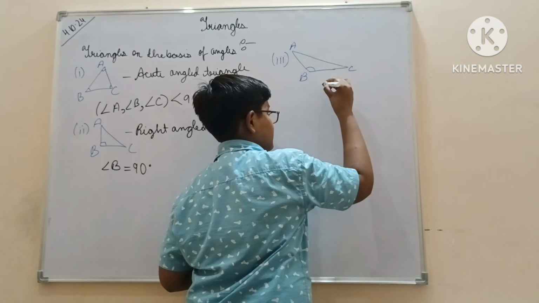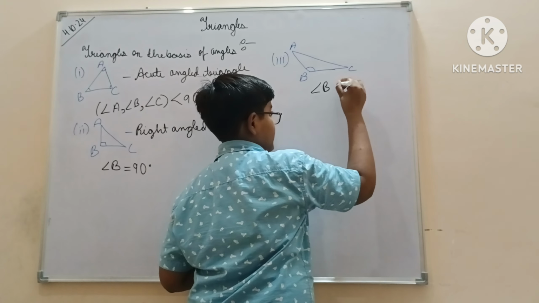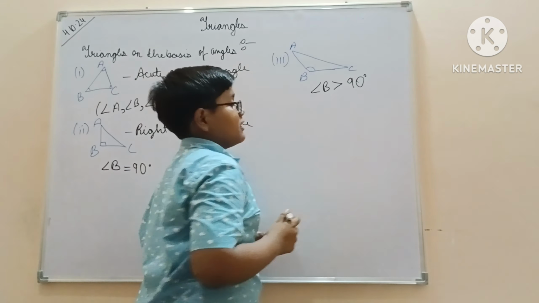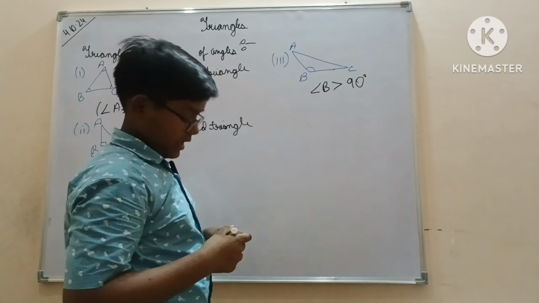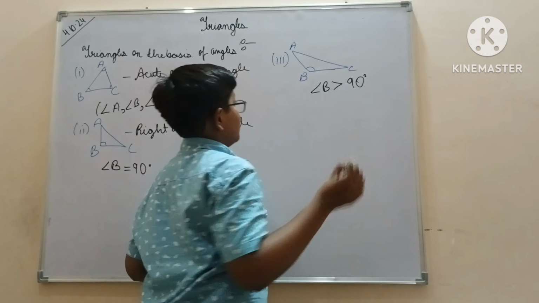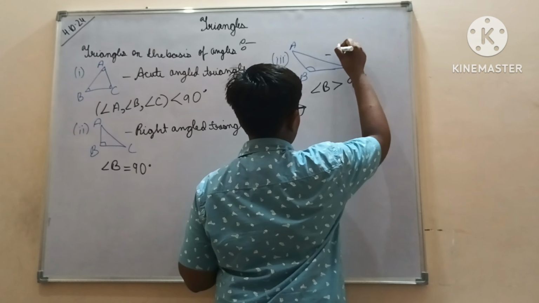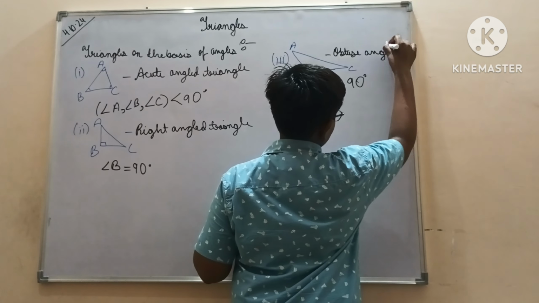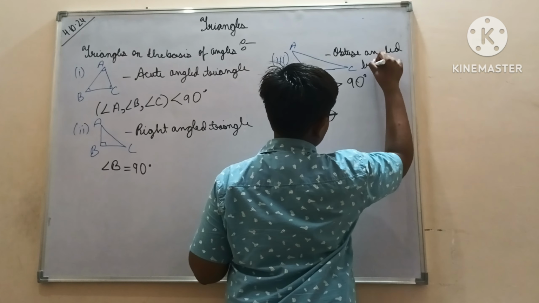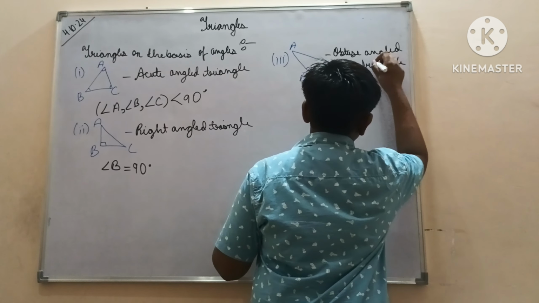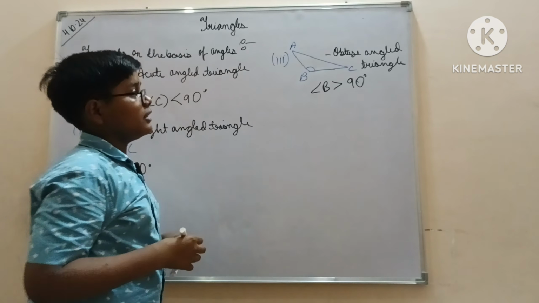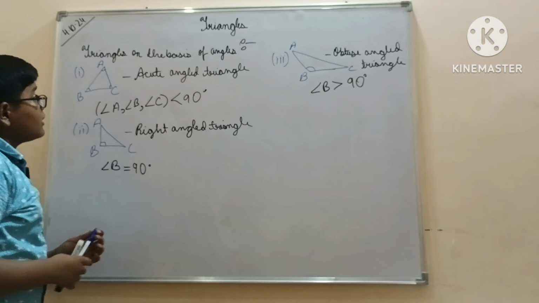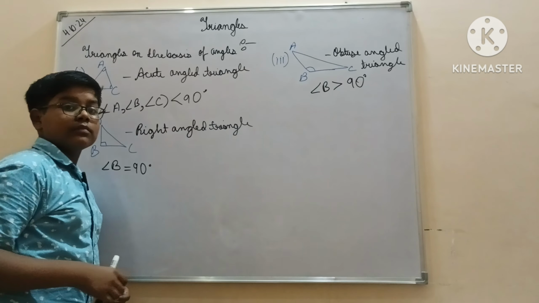As we can see here, angle B is greater than 90 degrees, and such a triangle is known as an obtuse angled triangle, in which one angle is greater than 90 degrees. So we have covered all the triangles on the basis of angles.